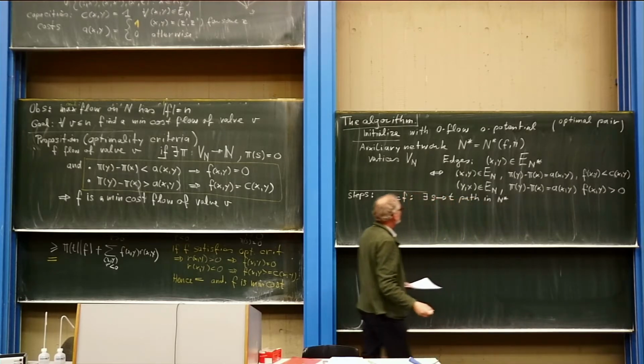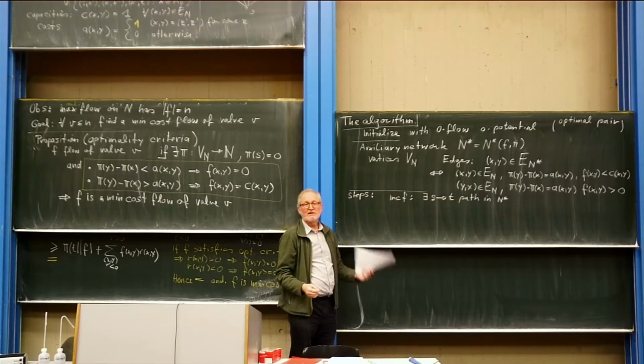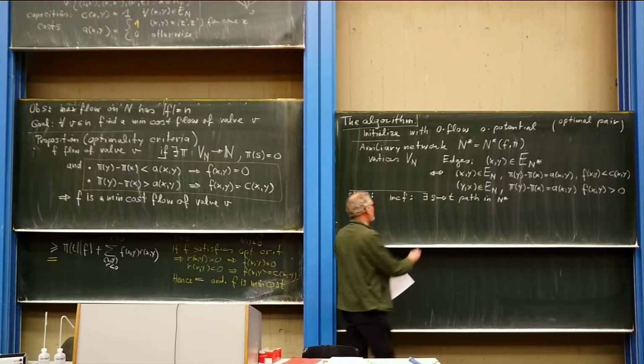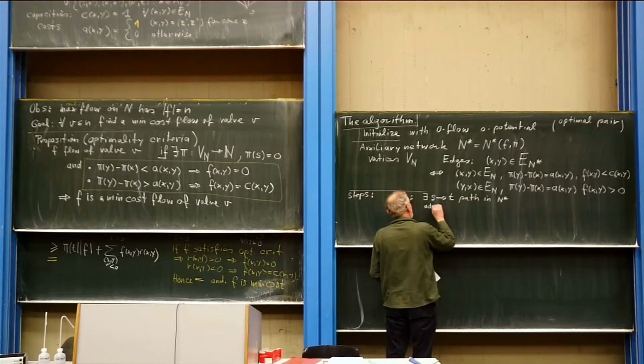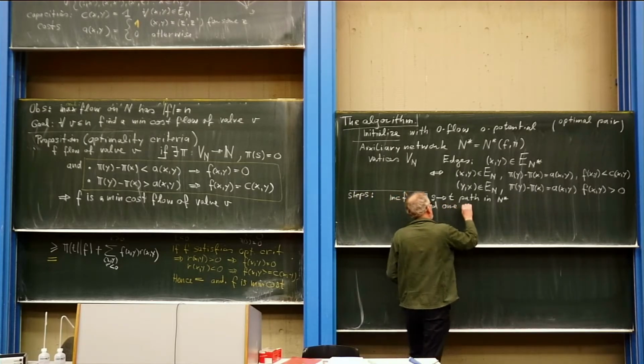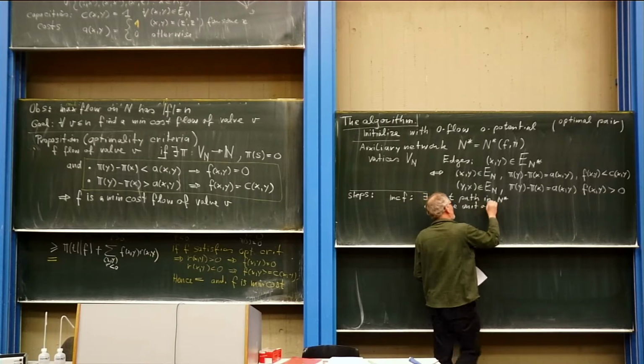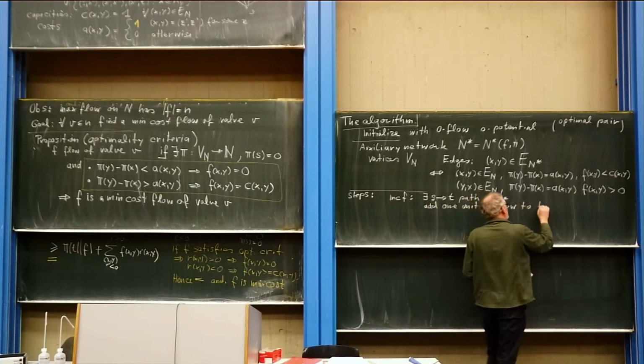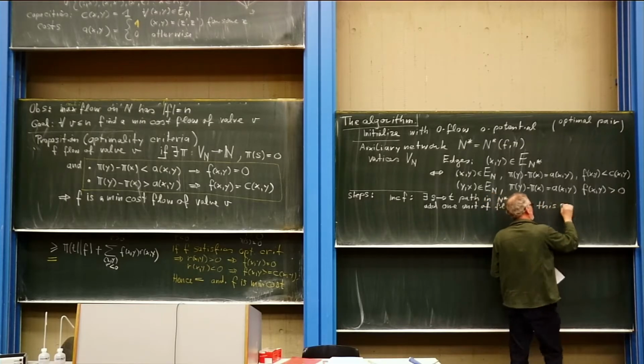And what happens here is that we increase the flow, we add 1 unit of flow on this path.